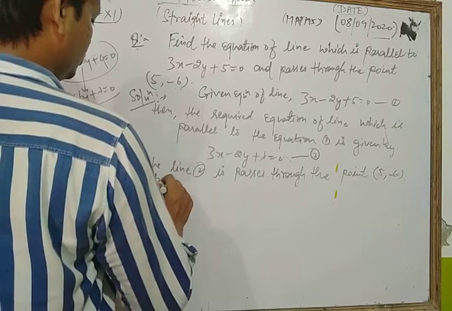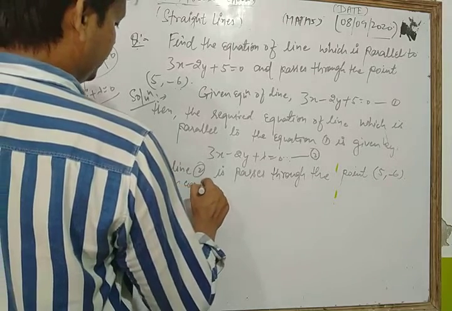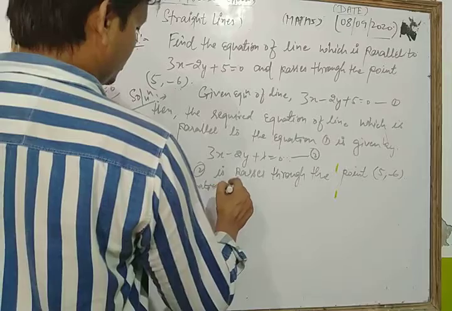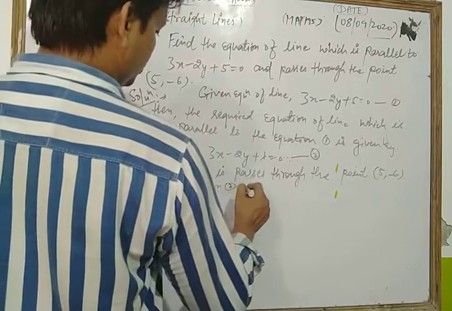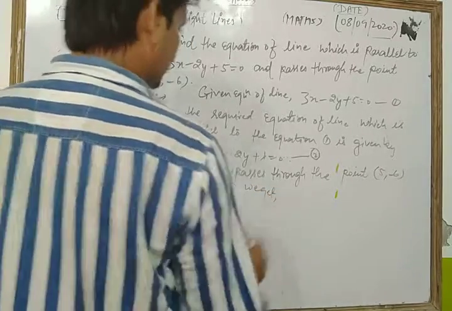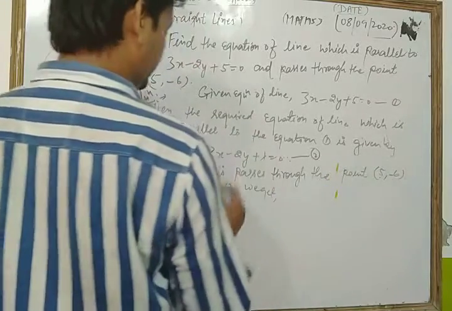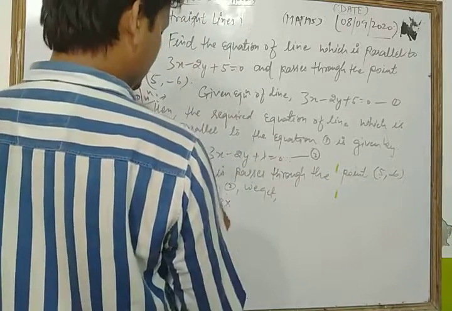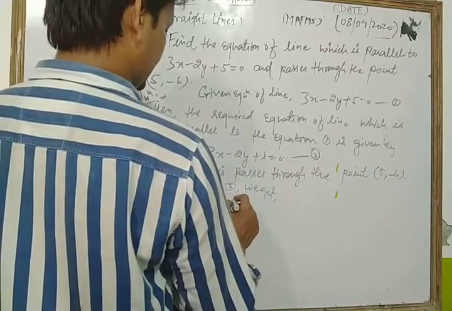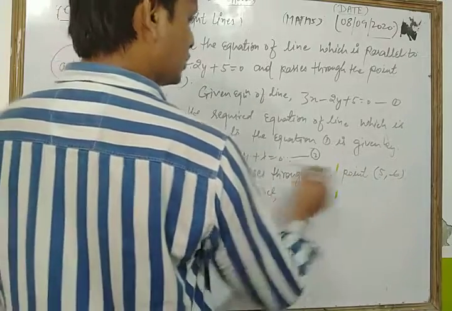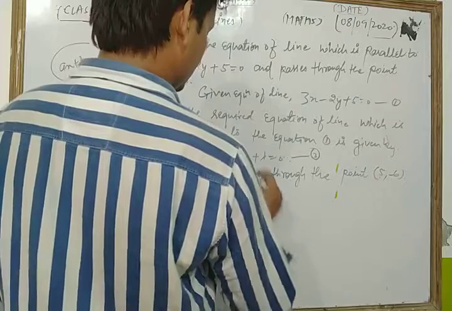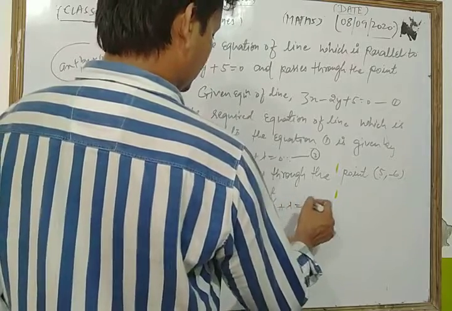Then from equation 2, we put x is equal to 5 and y is equal to minus 6. So we get 3 into 5 minus 2 into minus 6 plus lambda is equal to 0.